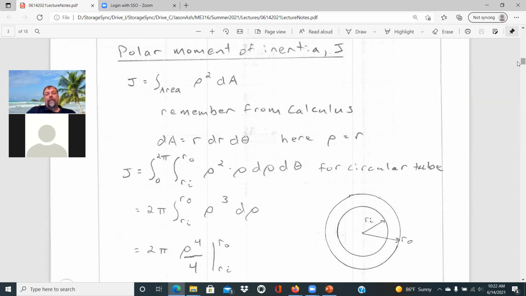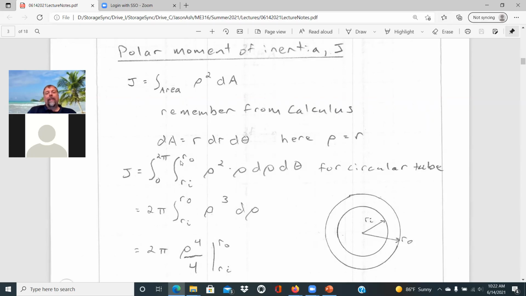But remember from calculus, I remember doing this in Calc 3, that the integral with respect to the area for a polar coordinate system, dA was equal to r dr d theta. And so here we're just defining rho, or radial position, as equal to r. And so we can make that substitution with r dr d theta, substituting that in with rho. So we have rho squared from up above, and then dA would be equal to rho d rho d theta for our circular tube.